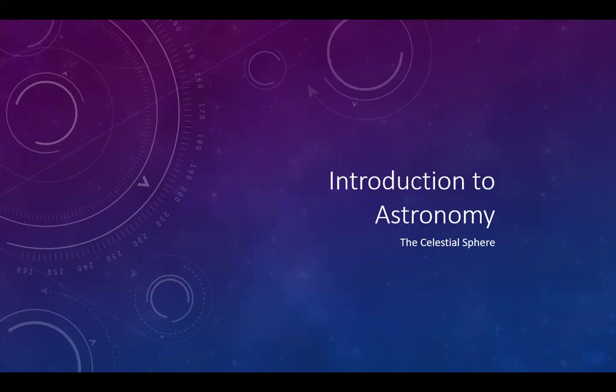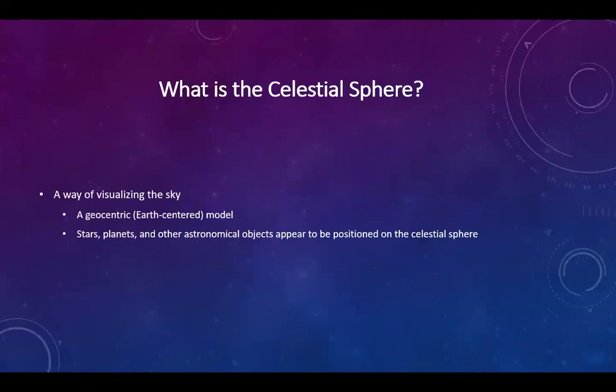So let's start with discussion of the celestial sphere. The celestial sphere is a way of imaging the sky. It's a tool that we use to talk about where stars are when we look up at the sky.